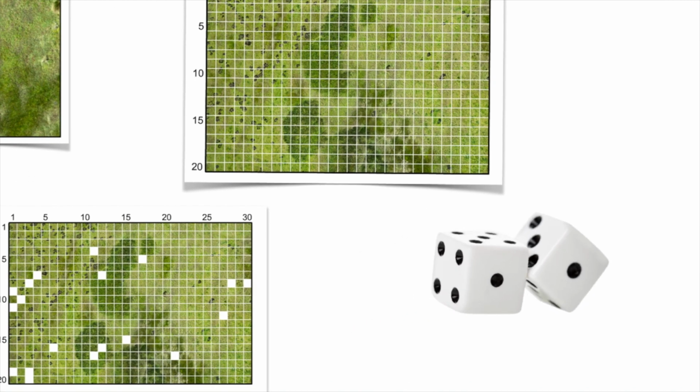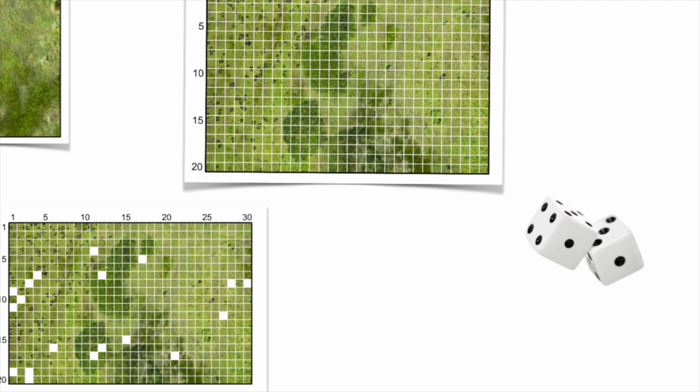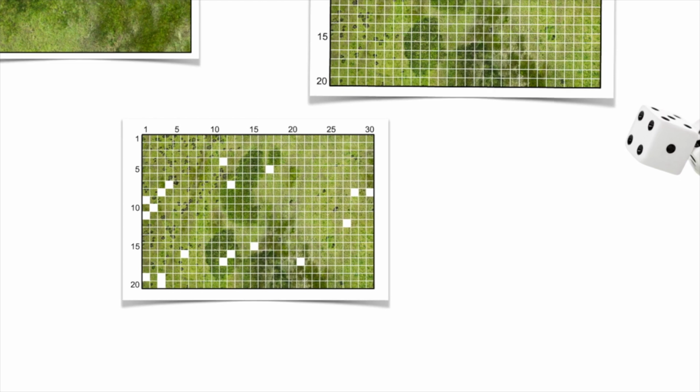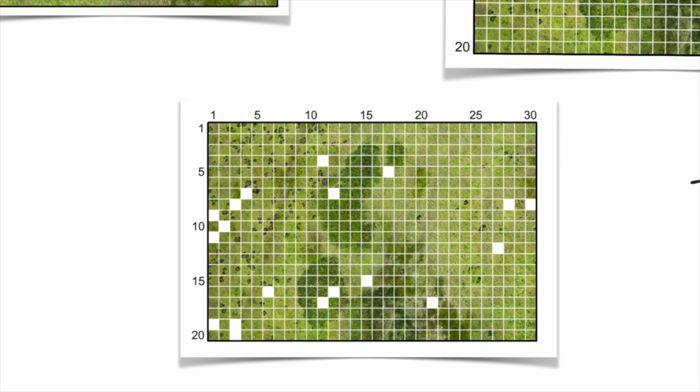We generate numbers using dice or an application, and then, instead of being based on our preference, we place our quadrats based on numbers that are generated randomly. So that would be the best way to study large habitats using this random sampling method.